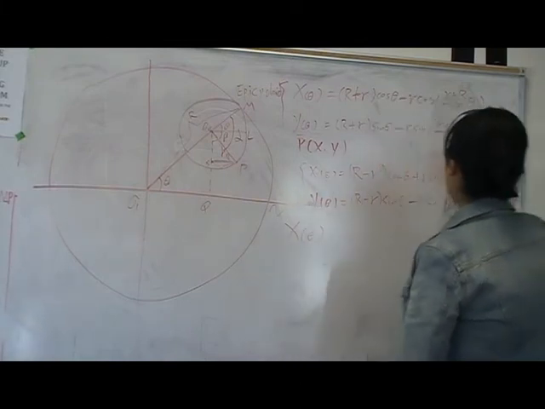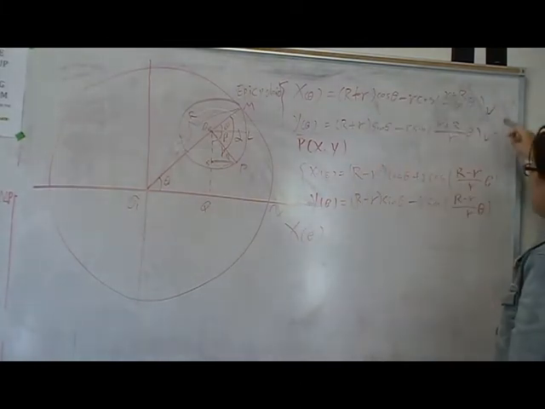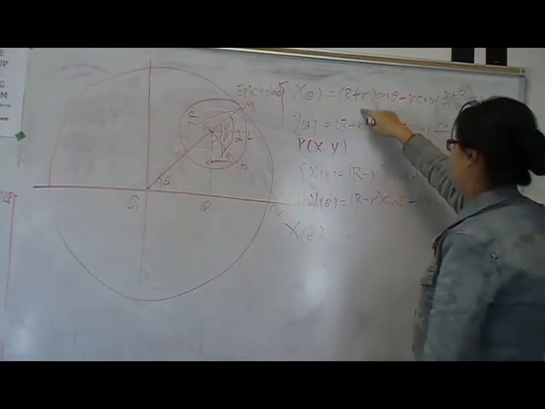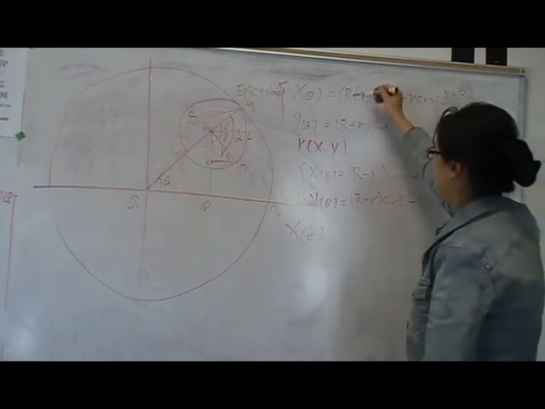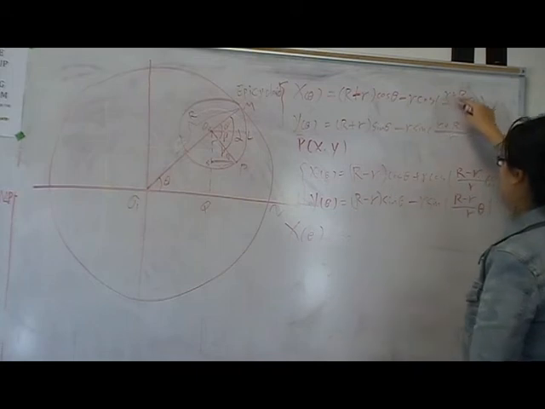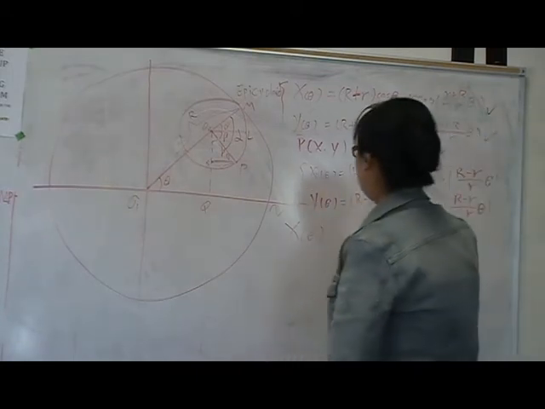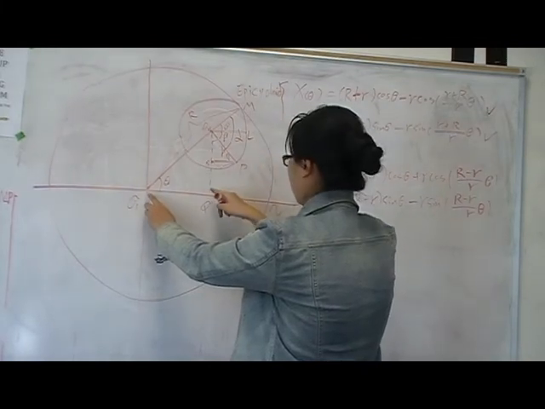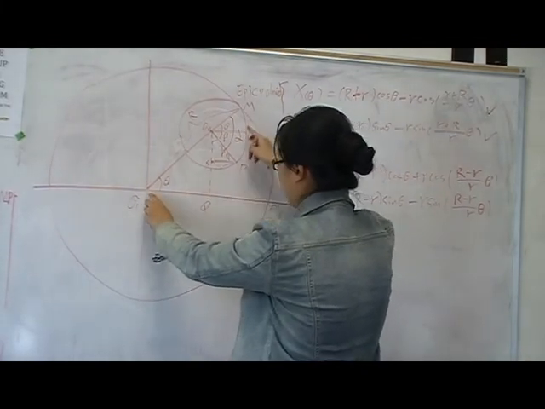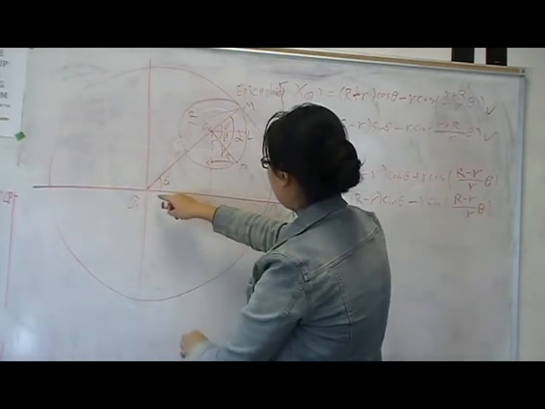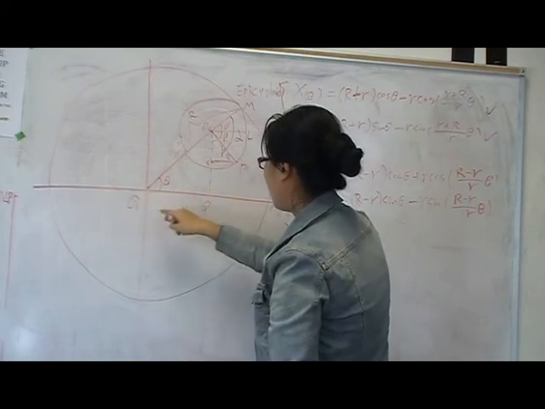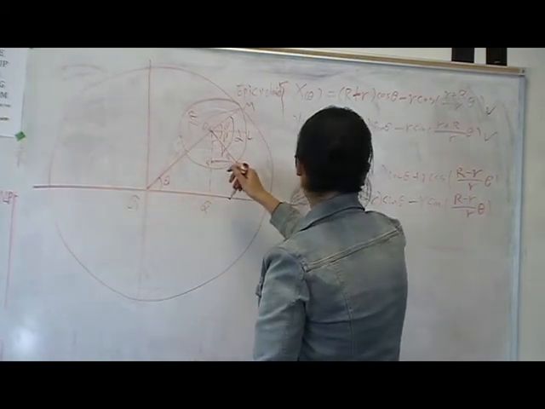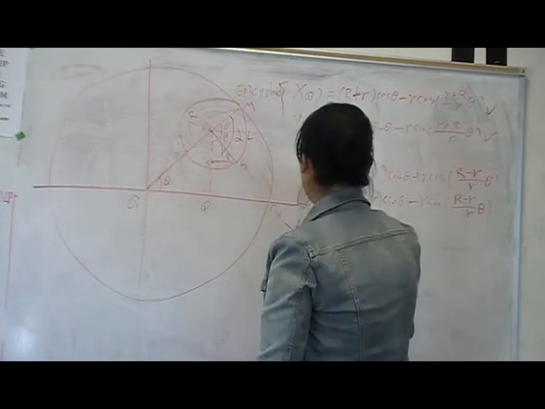So by comparing these two equations, we notice there are only a few differences, like the sign here and here are different. So x(theta) in this picture is O1Q plus SP.